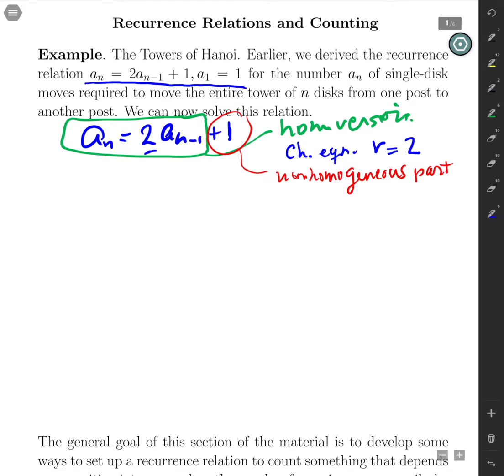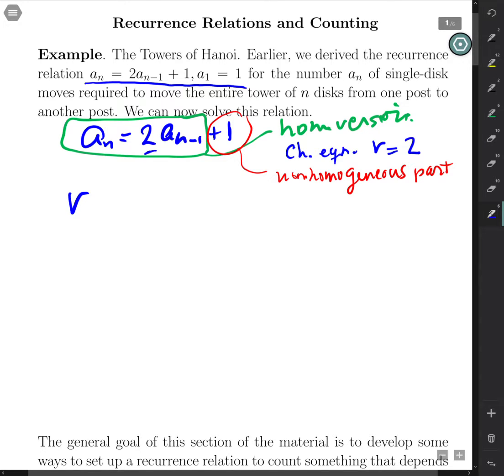When it's a constant, the very simplest kind of polynomial, then the same degree of polynomial, a constant in this case, will work as long as r is not equal to 1. So we have r is not equal to 1. So the particular solution of the non-homogeneous will have the form of just some constant.